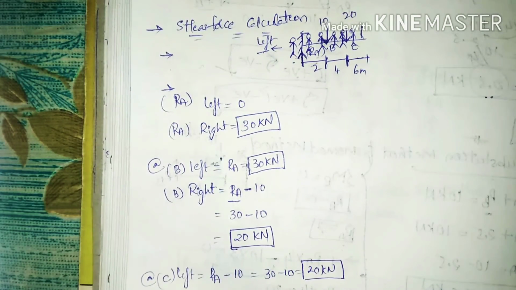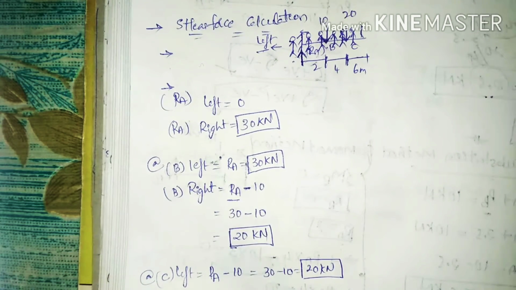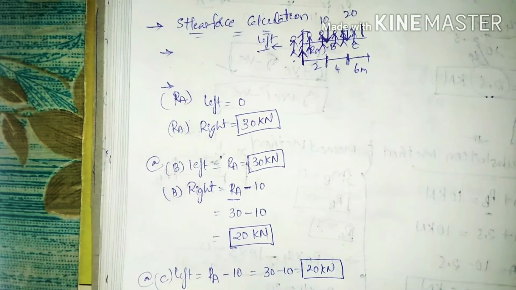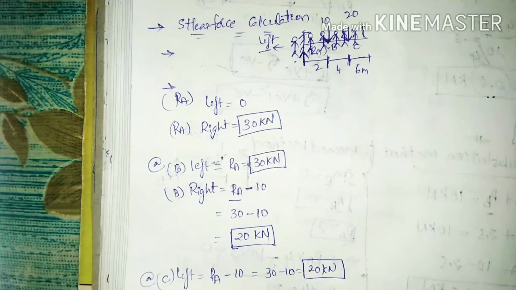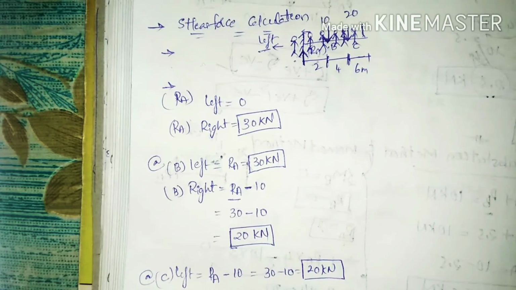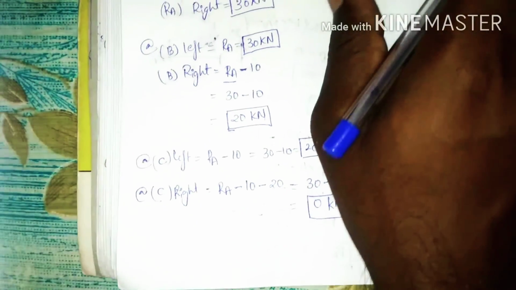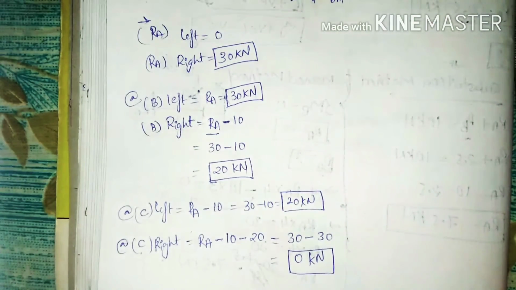Then RA is in the upward direction, that is positive, minus 10 minus 20, that is equal to 30 minus 30, which gives us 0. Up to C, we find that the shear force value is equal to 0 kilonewtons.